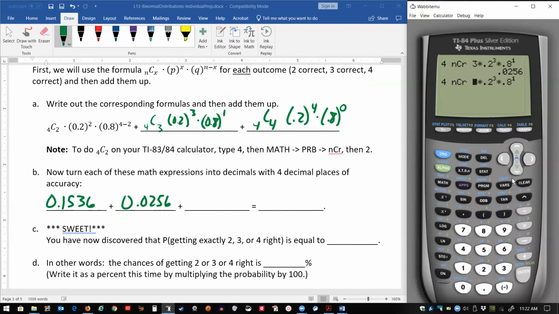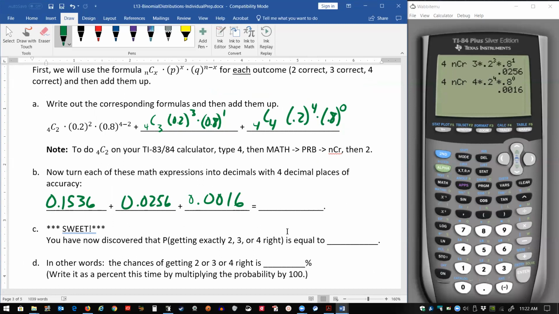You can type it all in if you want. We're going to do 4 choose 4 for the first one. Our power for the successes is now 4. Our power for the failures is now 0. Boom. That gives us 0.0016.